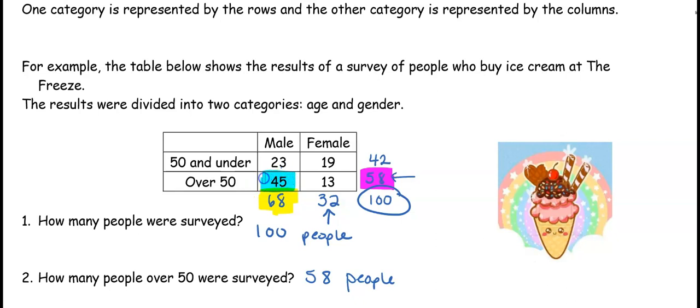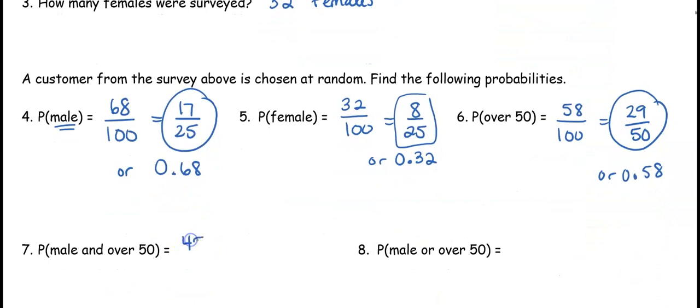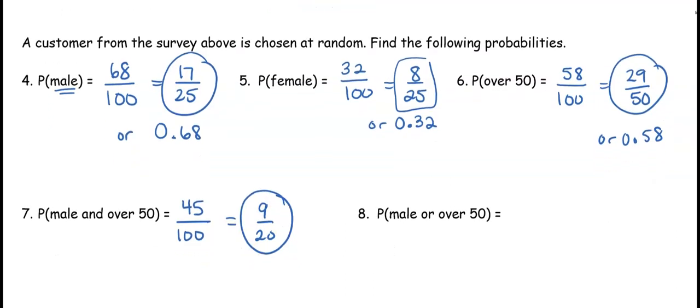This is the value that I'm looking for. This is how many are fitting both the over 50 and the male category. So there are 45 out of the total 100 people. That reduces down to 9 over 20. We're just going to be sticking with fractions.